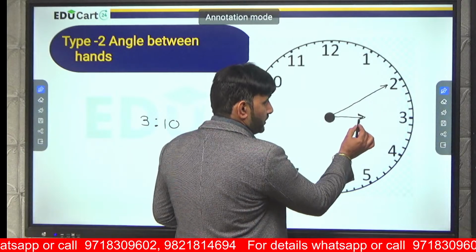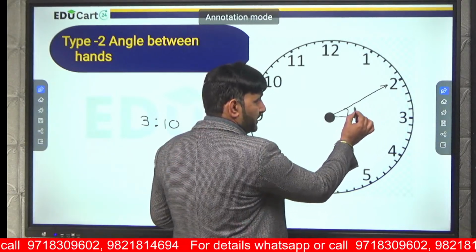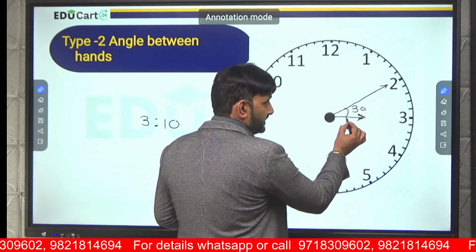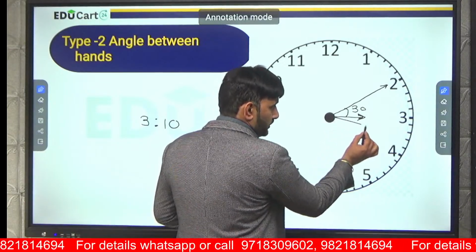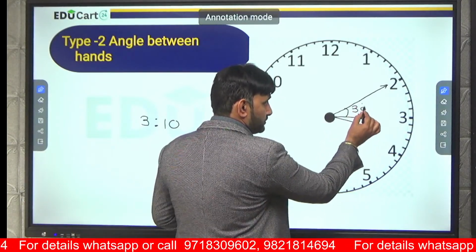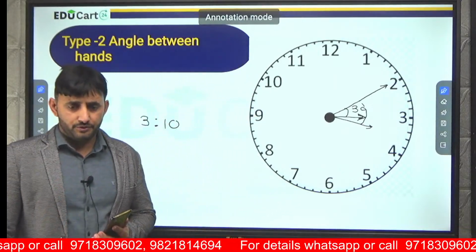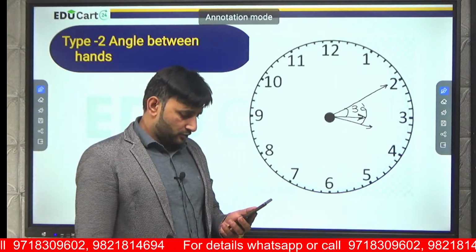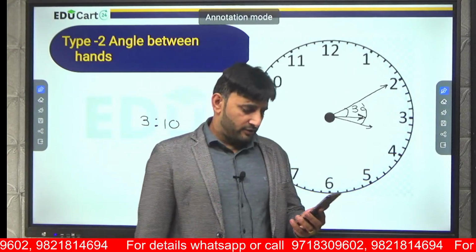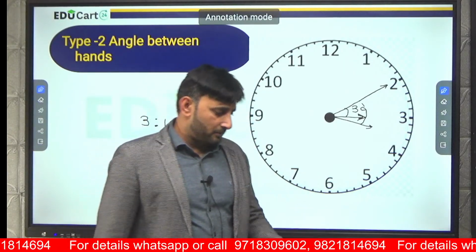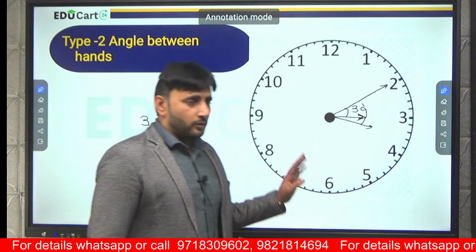Now we know that the angle between 2 and 3 is 30 degree and the hour hand is slightly ahead of this. So this angle has to be more than 30 degree. It will not be less than 30, it will be more than 30 degree. I hope it is clear.